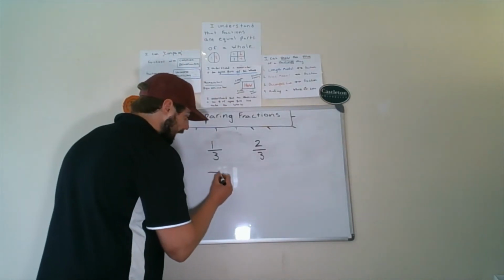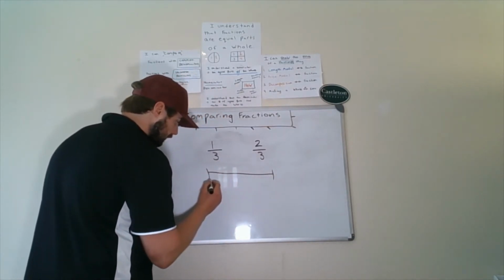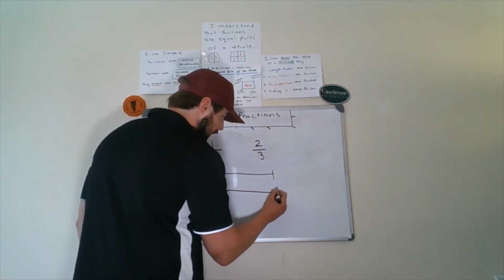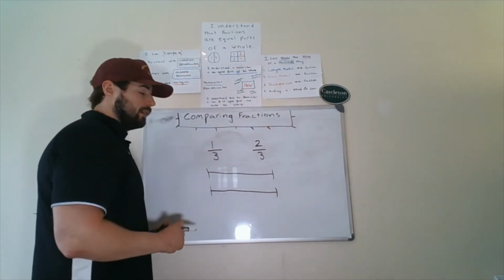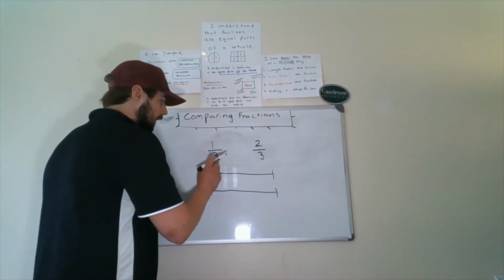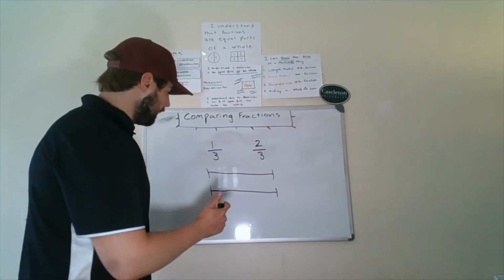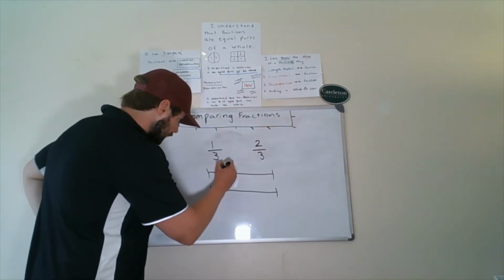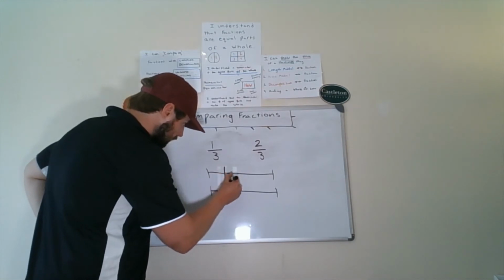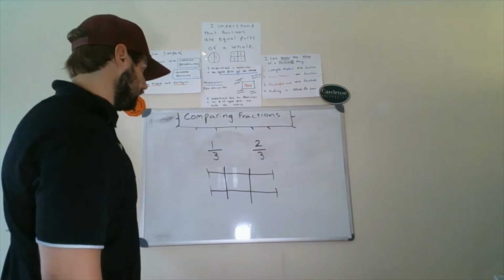So when I'm making my length models to compare these, I need to make sure they are the same and that they have the same parts that make the whole. We know that there are 3 parts that make the whole. So I need to partition these wholes into equal parts.